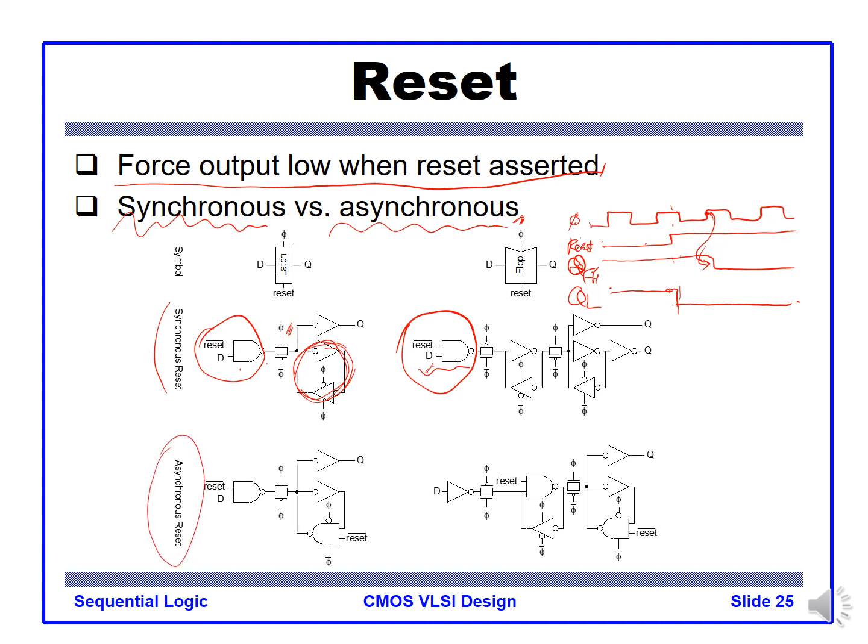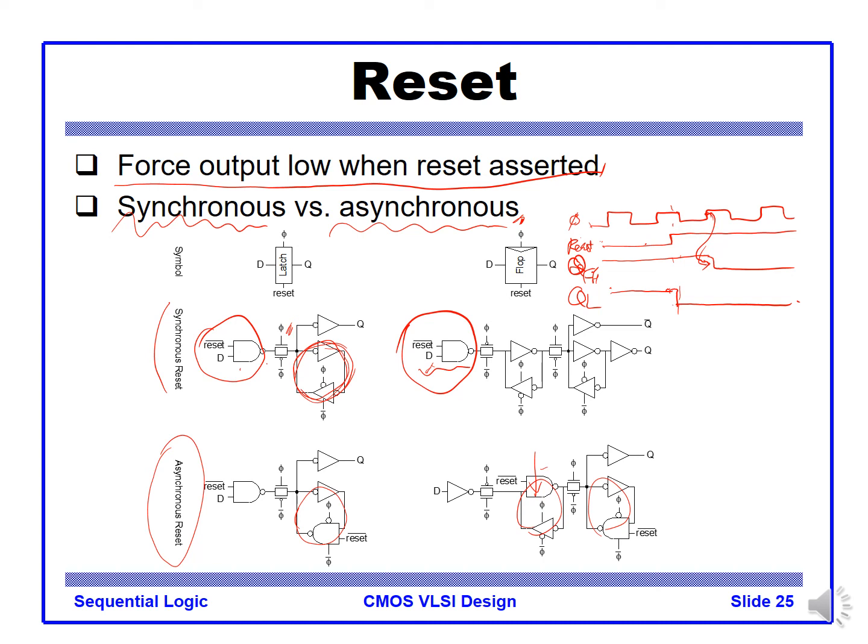But if you do the asynchronous reset, it resets the internal core SR latch here for the flip-flop, and the latch is also here. So the reset will happen at the very moment the reset signal is asserted.